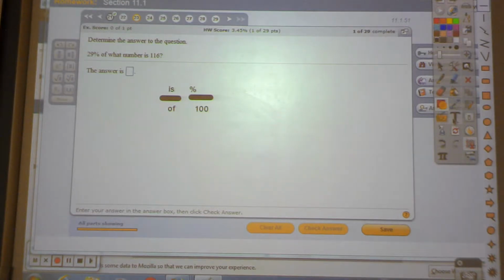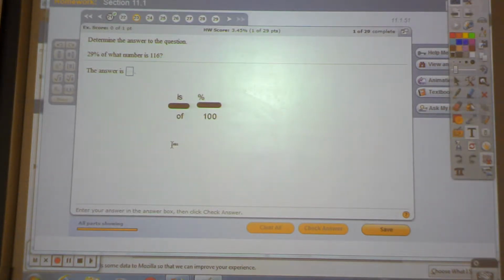Is up percent over 100. So that's going to be 29%. What number is 116? So 116 is going to be in the is, and then 29 is going to be in the percent, and then X is going to be in the of spot, and then 100 is going to be there.